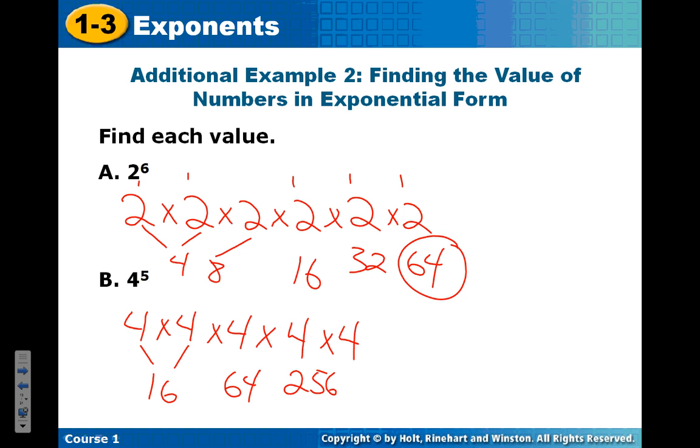I think it's 1,024. But I need a calculator to double check. Doesn't mean I don't know how to use the tools. Yeah, 1,024. Okay.